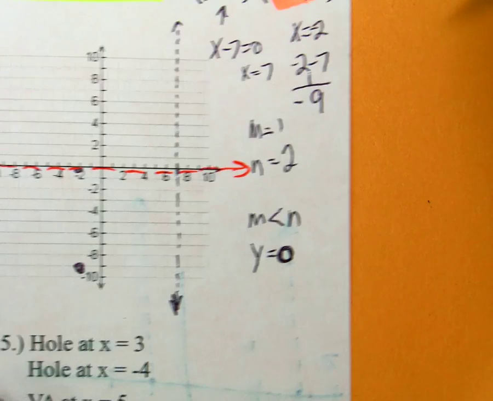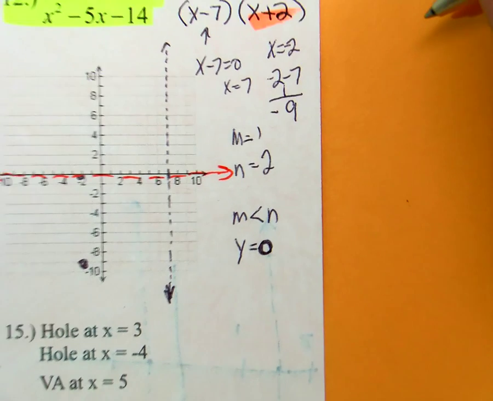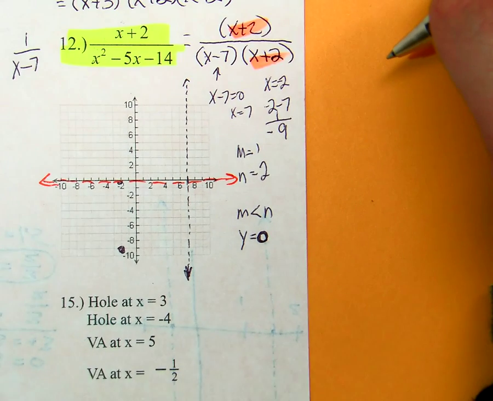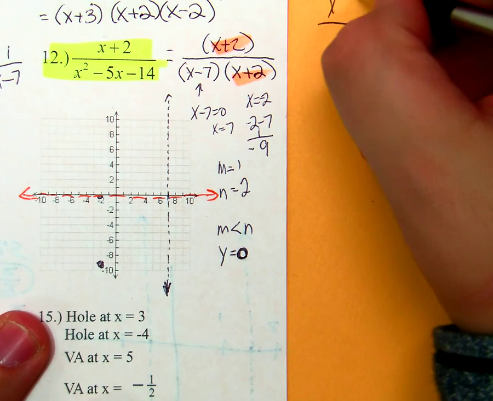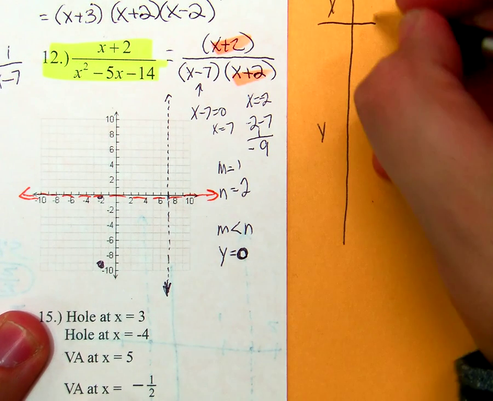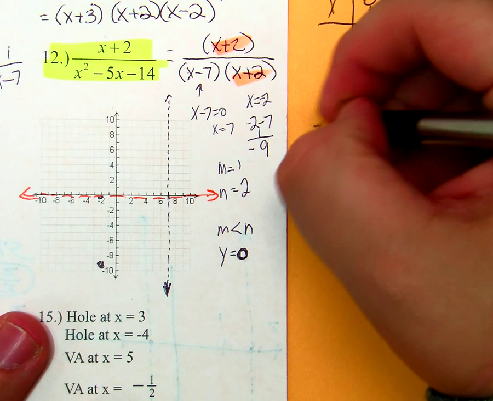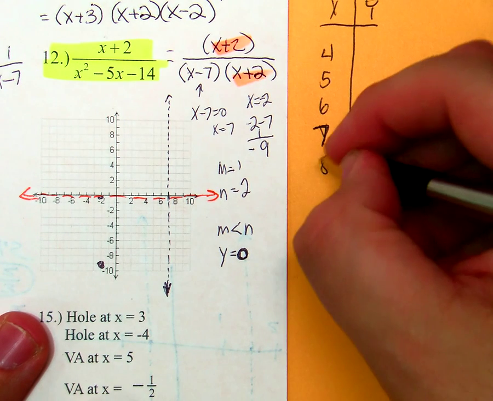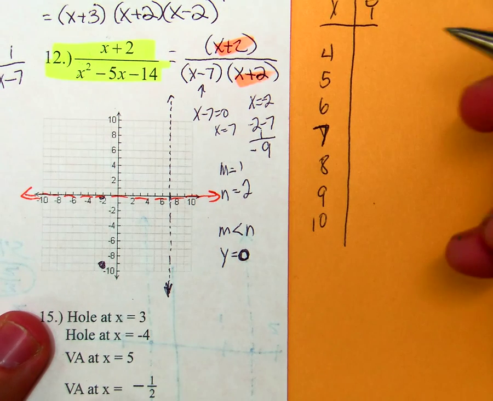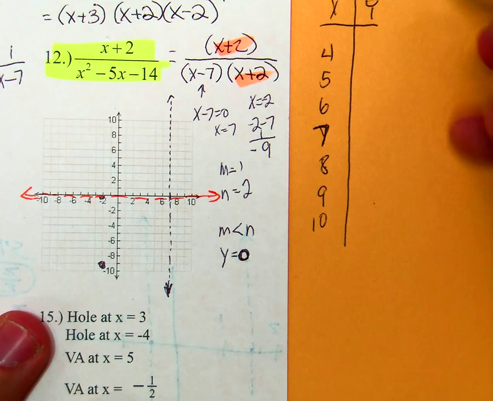All right, let me zoom this out. The vertical asymptote's at 7, so I'm going to go 6, 5, 4, and 8, 9, 10. If I put an 8 in here, it's x plus 2 over x minus 7 times x plus 2.